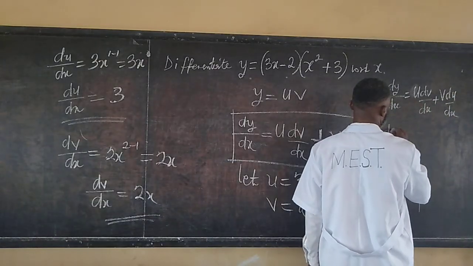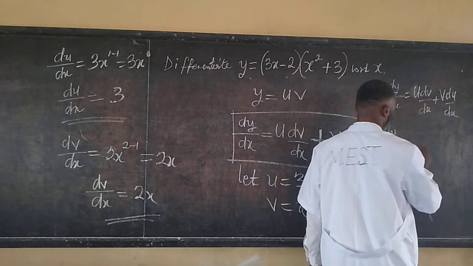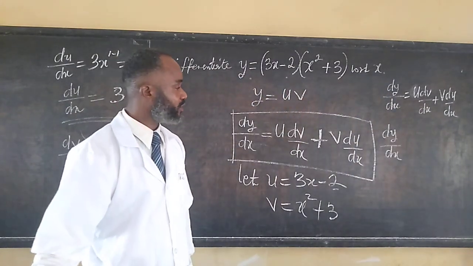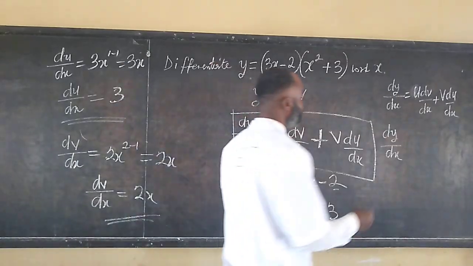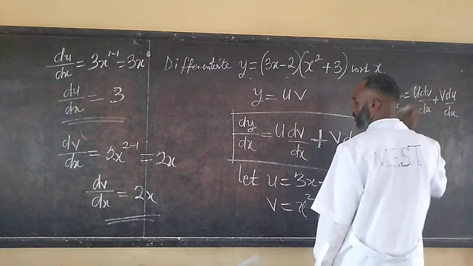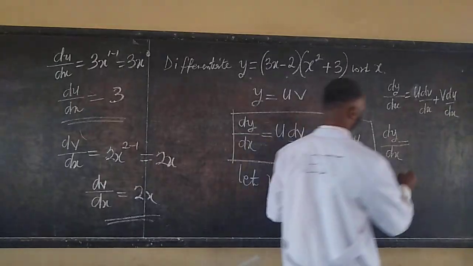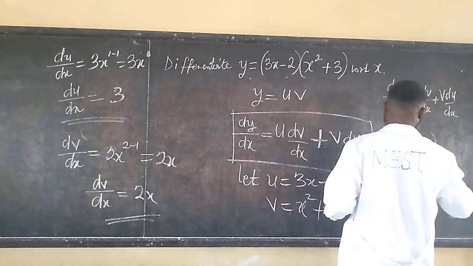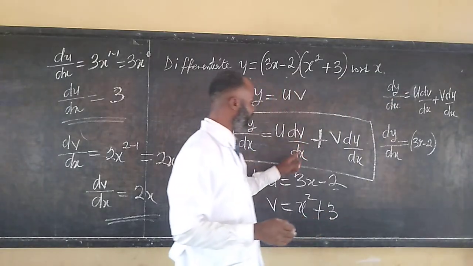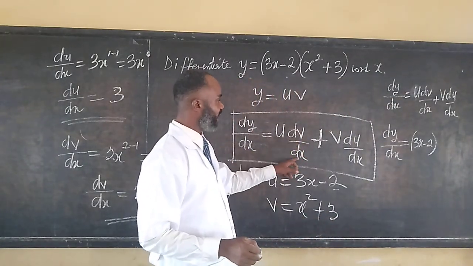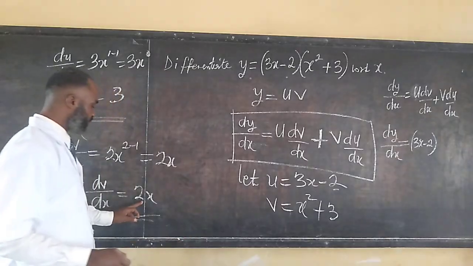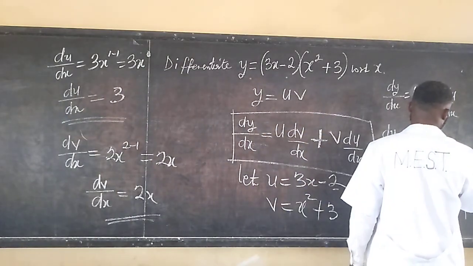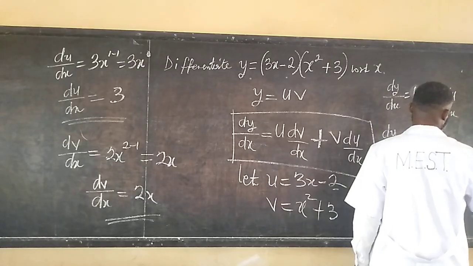So dy/dx becomes, something very clear: in place of u, we keep the bracket 3x minus 2, and then in place of dv/dx, we just have 2x, plus.